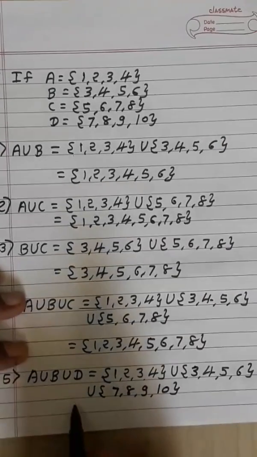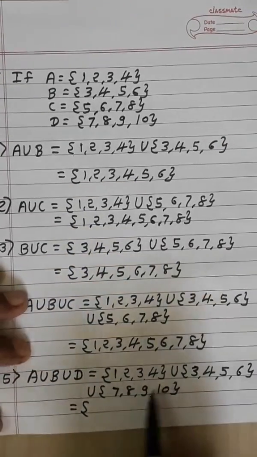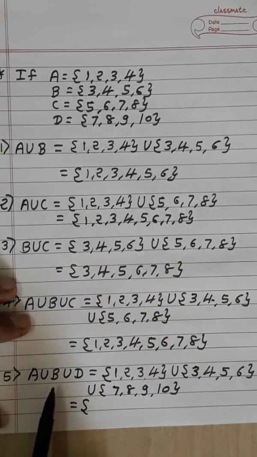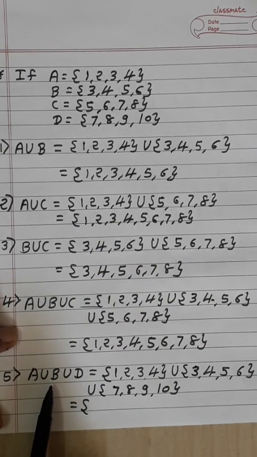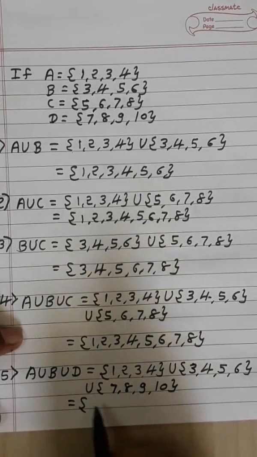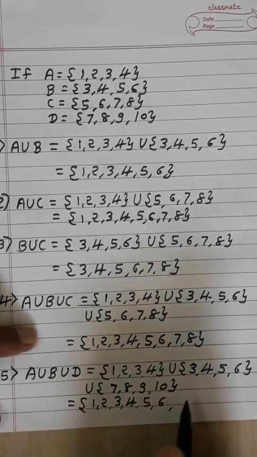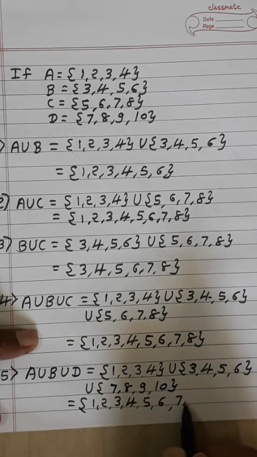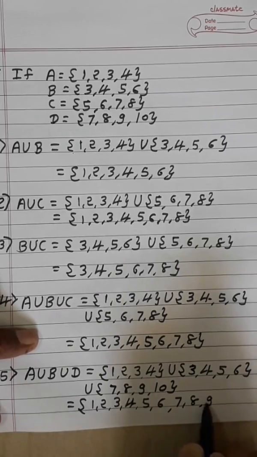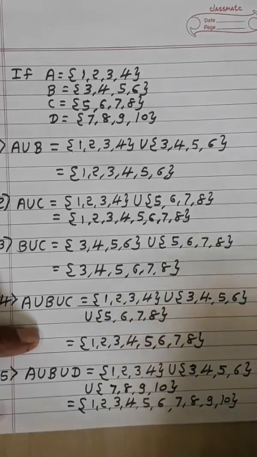Now for the final answer, all the elements of set A as well as all the elements of set B as well as all the elements of set D. So here we can write 1, 2, 3, 4, 5, 6, 7, 8, 9 and 10.